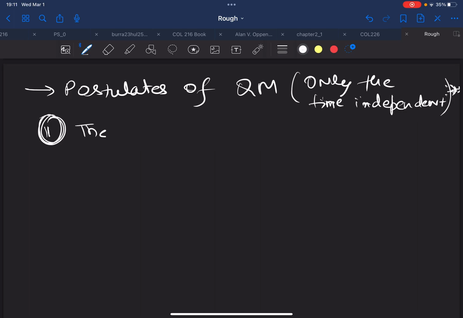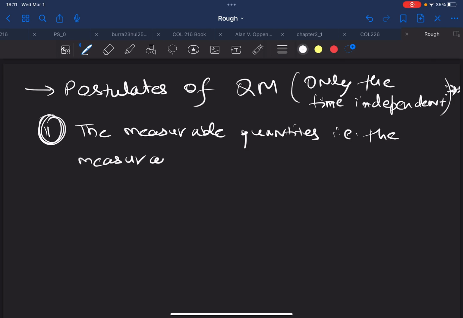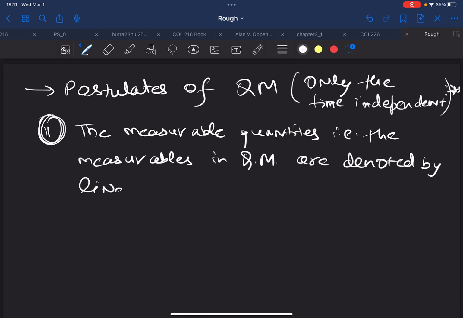that the measurable quantities, that is the measurables in quantum mechanics, are denoted by linear operators.